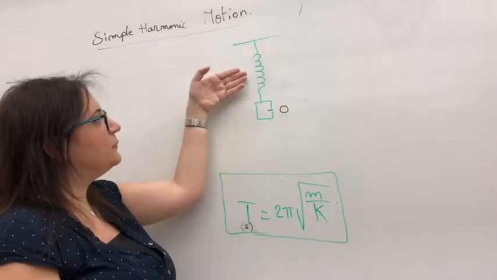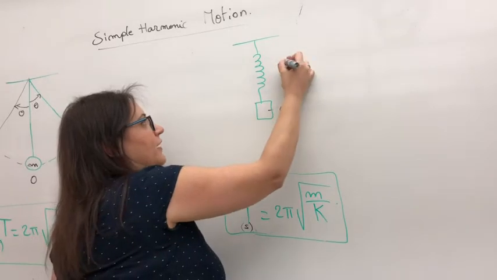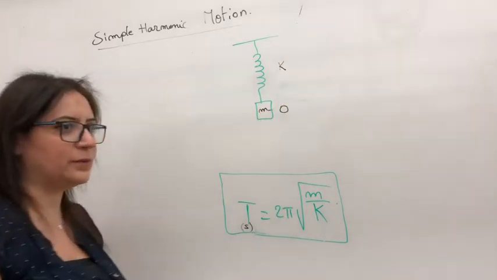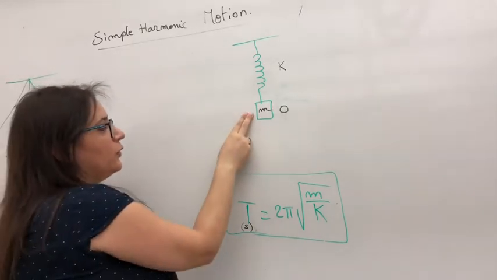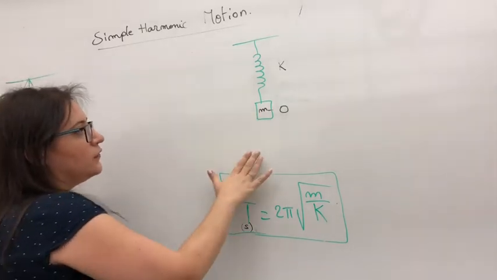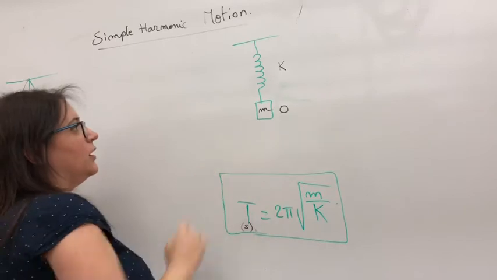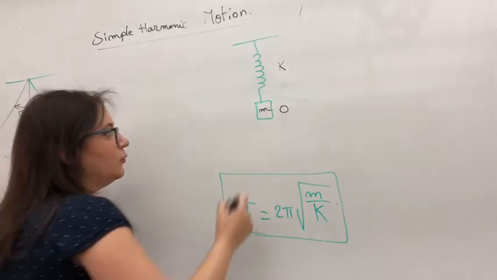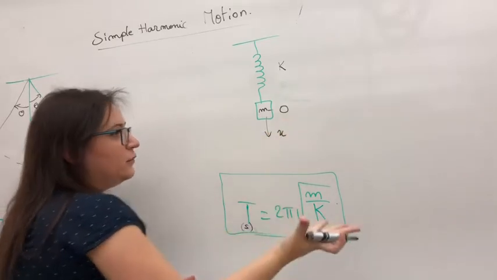If you have a spring of stiffness K and a mass M attached at the end of this spring, and we leave it, this is the equilibrium position. And then a small boy elongates this mass M by a certain x and releases it.